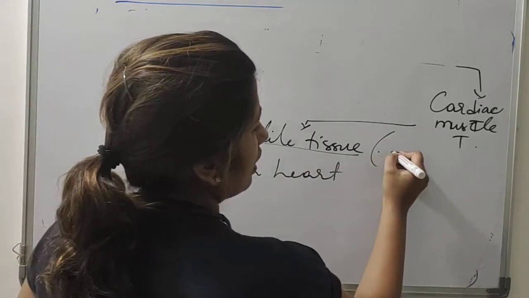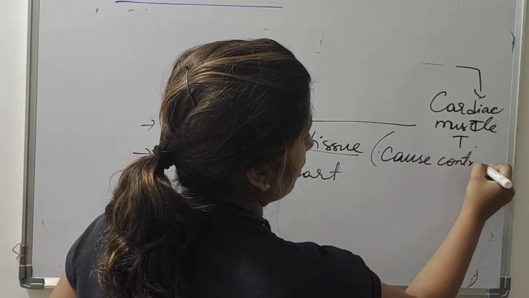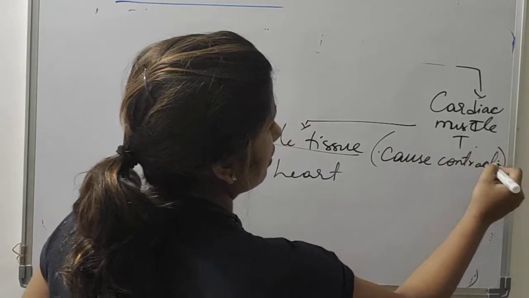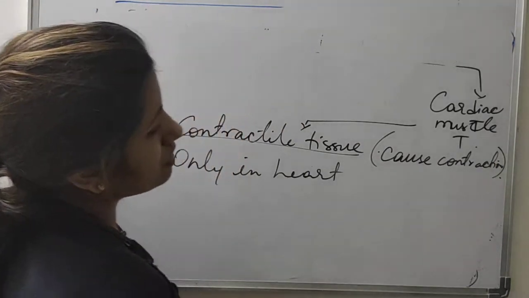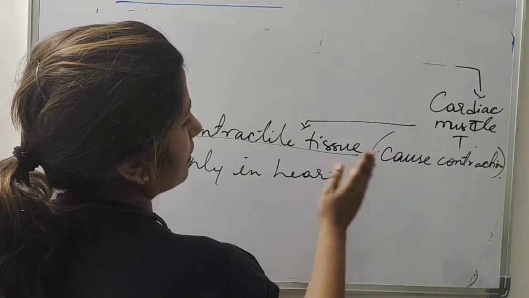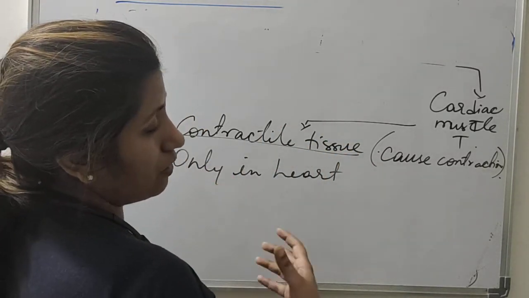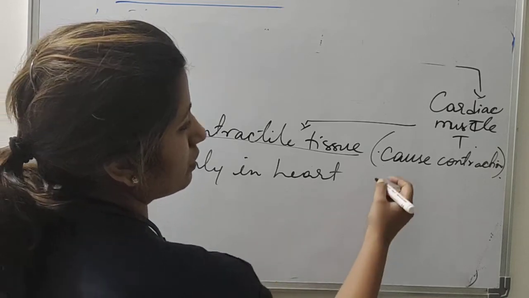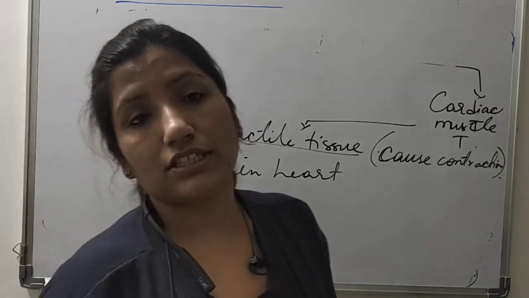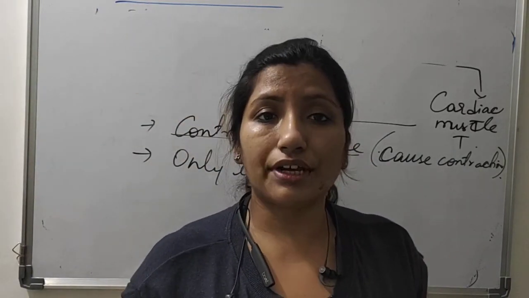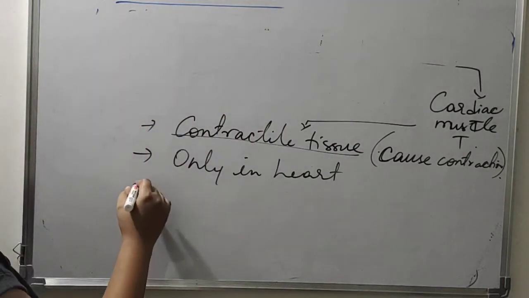Contractile tissue means which can cause contraction on its own, irrespective of the control of any other part. It can generate its impulse or stimulus by itself. That's why they are called contractile tissue.